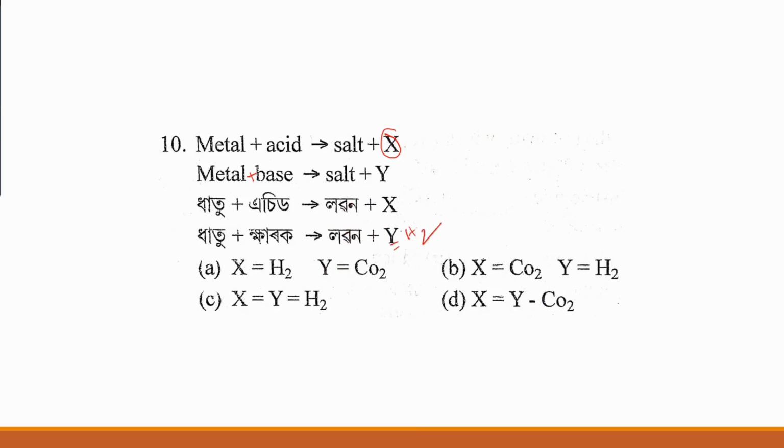So the correct option will be X equal to Y equal to H2. Metal plus acid gives salt plus H2, and metal plus base gives salt plus H2, especially in the case of amphoteric metals. So the correct option will be C. Now we will proceed to the next question.